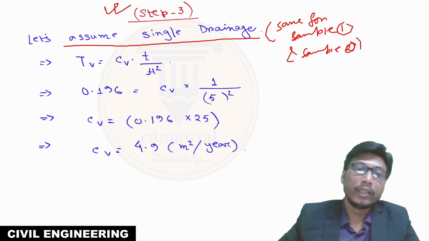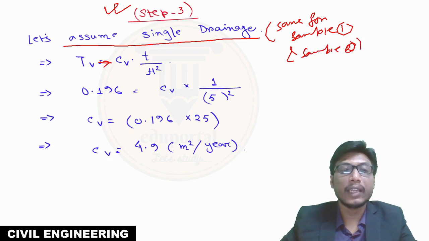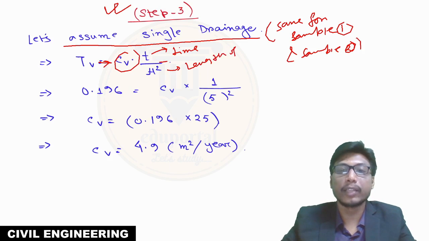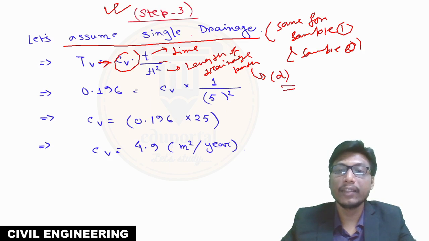Now TV, the time factor, is equal to CV, the coefficient of consolidation, into T by H squared. T is the time and H is the length of drainage path, which we generally indicate by D, but because it is single drainage, D is equal to H, the thickness of the layer.